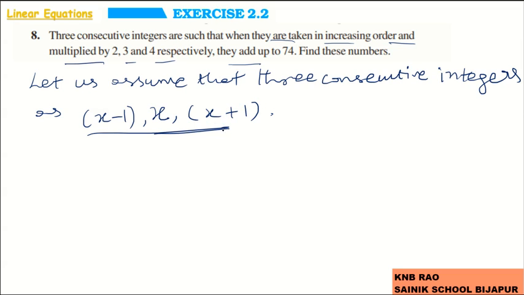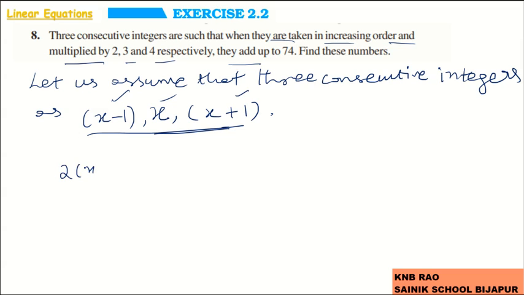This is also one way of assumption, and sometimes a better way. Here in increasing order, this is the smaller one, this is bigger, and still bigger one is x plus 1.